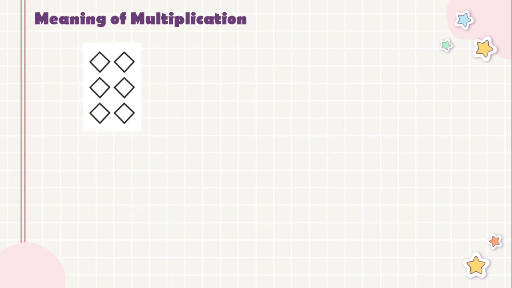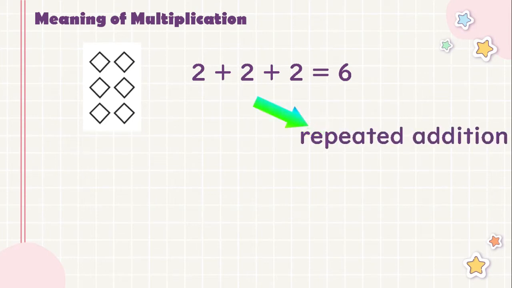Another example we have here. So we have 6 diamonds. So for this, we can have it like this since meron itong dadalawang diamonds in each group. So we have 2 plus 2 plus 2 equals 6. So this is the repeated addition.